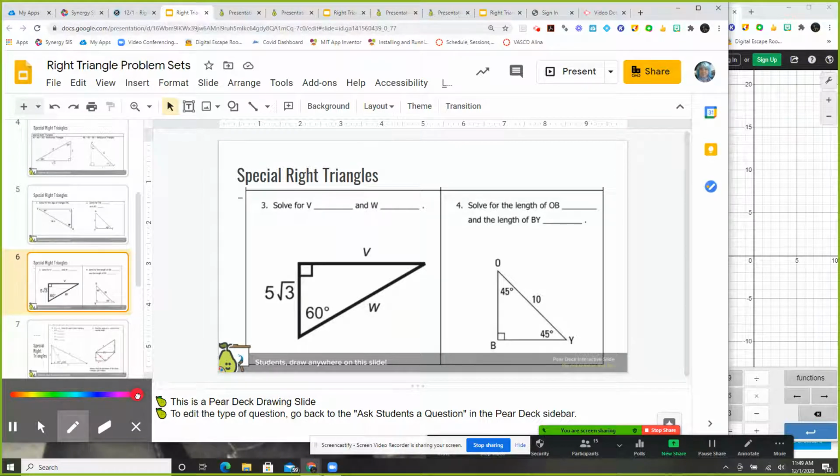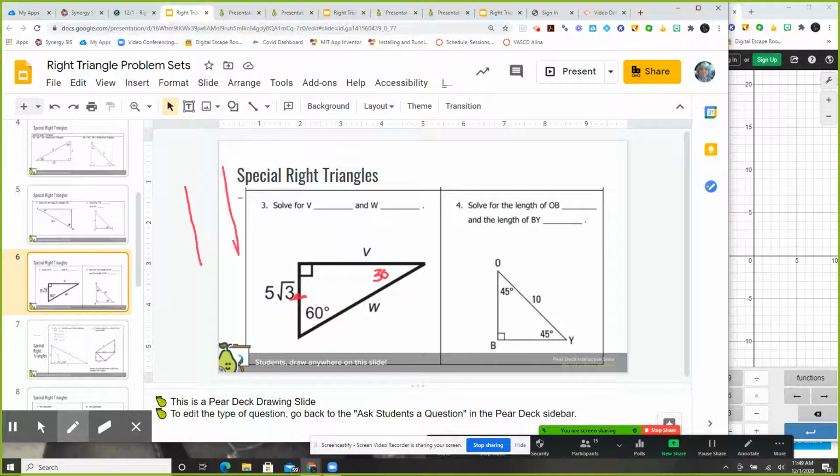So if we go to slide 6 and we look on the left side at number 3, what other information can I fill in there? So I know this is 5 square root of 3, and that's opposite my 30, right? So if that's opposite the 30, which side should be double that?